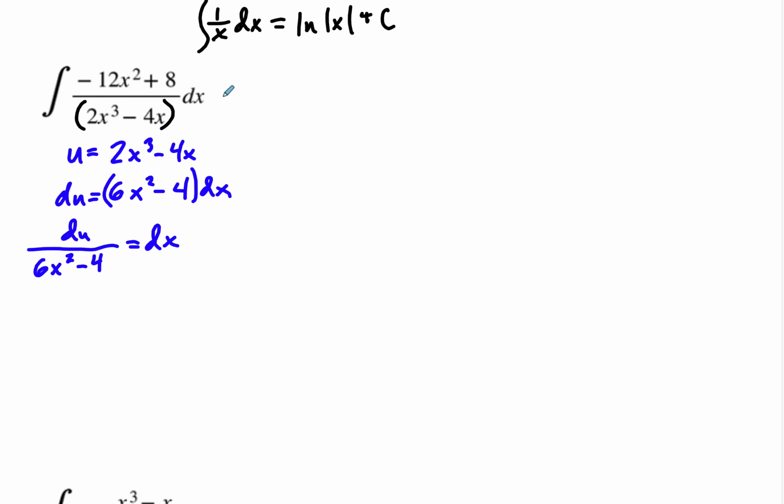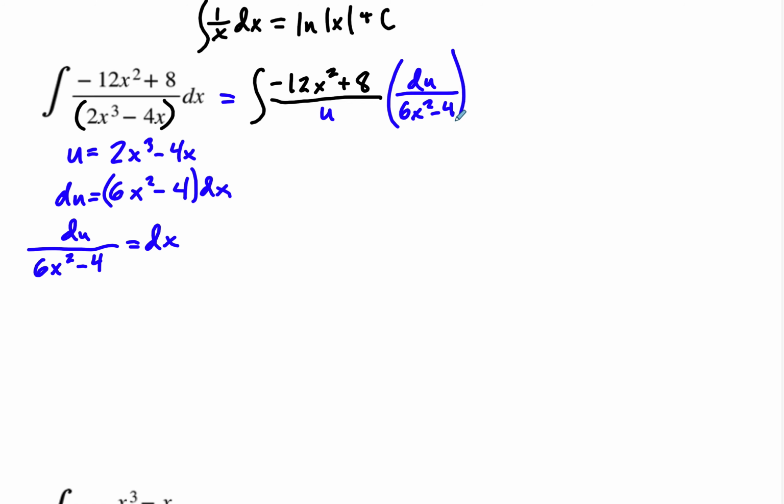Okay, so now I'm going to rewrite this. I have my original negative 12x squared plus 8. We have negative 12x squared plus 8, and down here, now this is just going to be u. And here we have du over 6x squared minus 4.